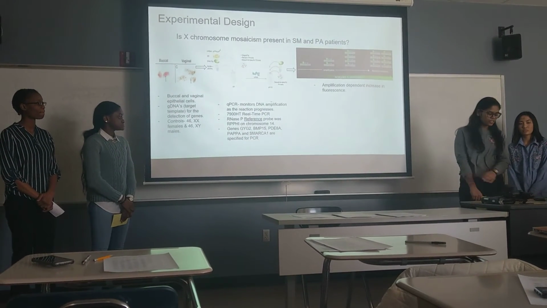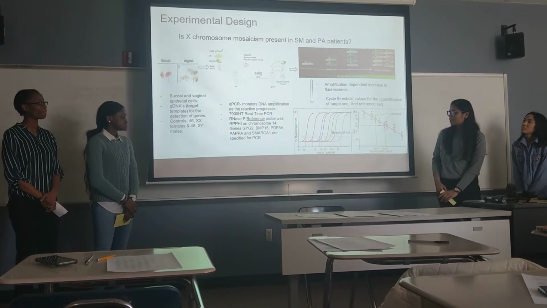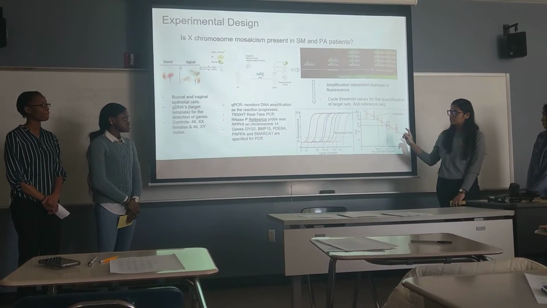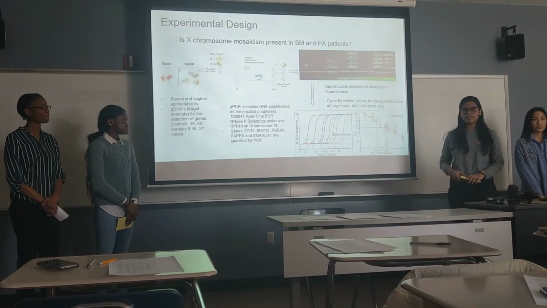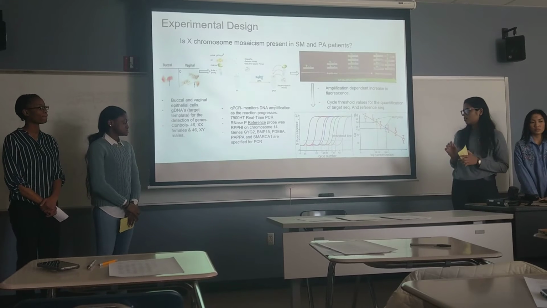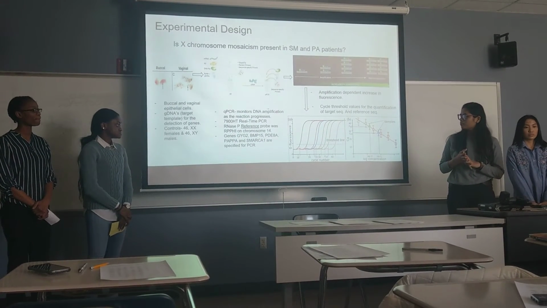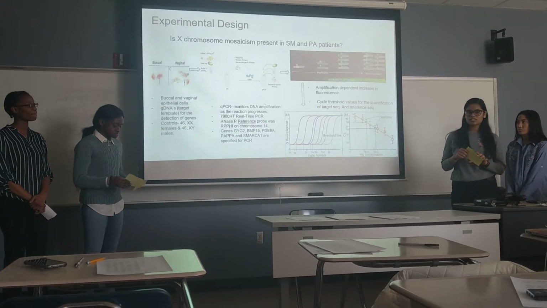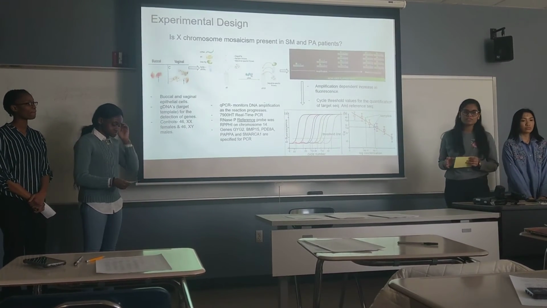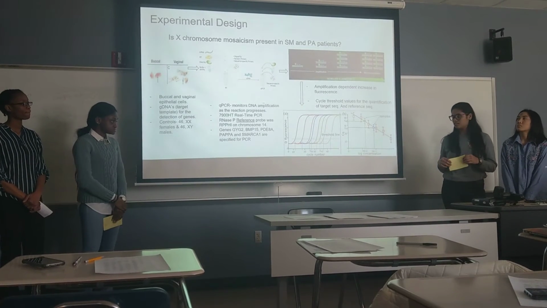And this can be put into a standard curve, which shows that the cycle numbers increase as the DNA increases and the fluorescence increases. And the threshold line is where the DNA is equal and the same in all the samples. The intersection of the threshold line and the samples is where the cycle quantification is known.